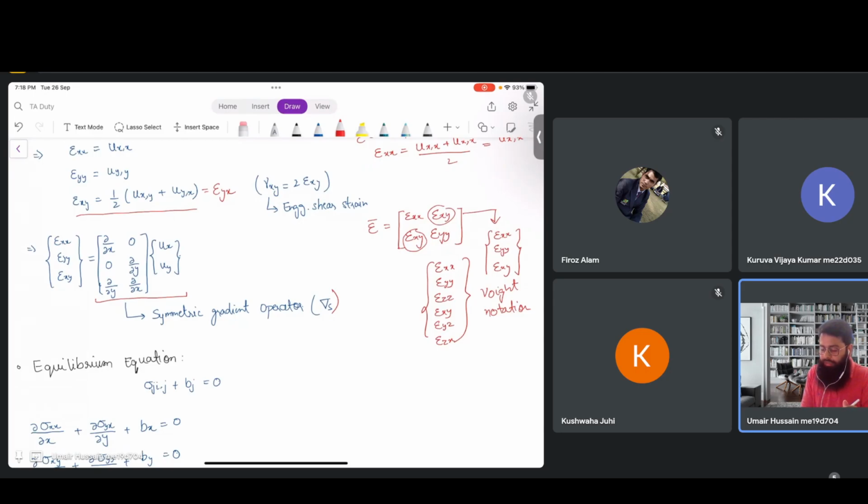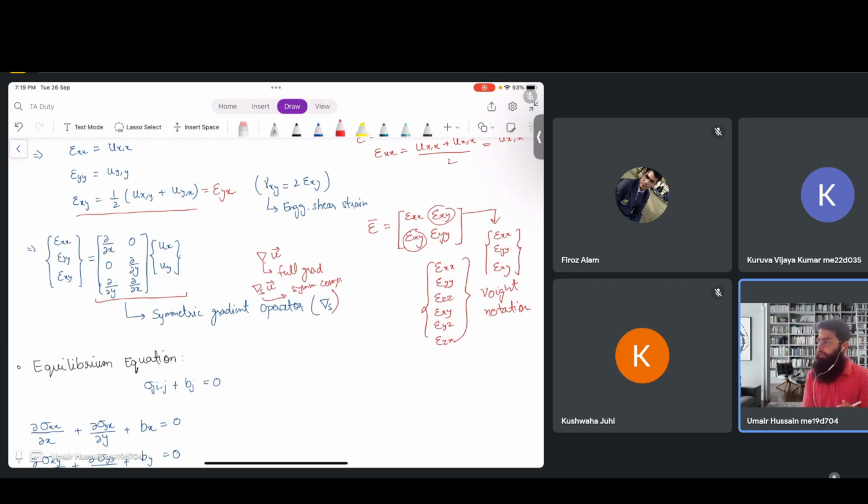Del is also an operator which is applied on this vector u, but it gives the complete gradient. But this operator right here gives not the complete gradient, but only the symmetric part of the gradient. So that's how it is different from this. It gives the full gradient, while this gives the symmetric component only.